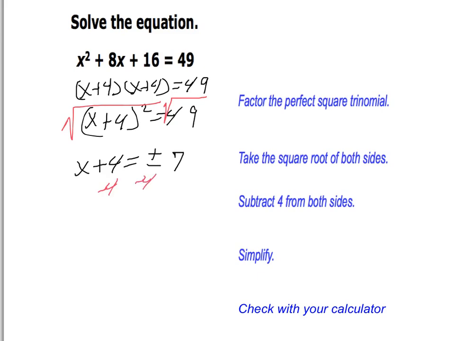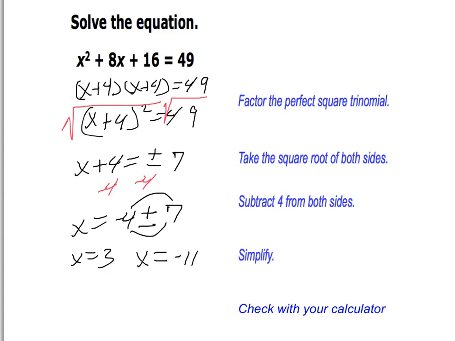So now I have x is equal to negative 4 plus or minus 7. I have negative 4 plus 7, which means x equals 3. I have negative 4 minus 7, which means x is going to equal negative 11. So my two solutions, x such that x is equal to positive 3 and negative 11.